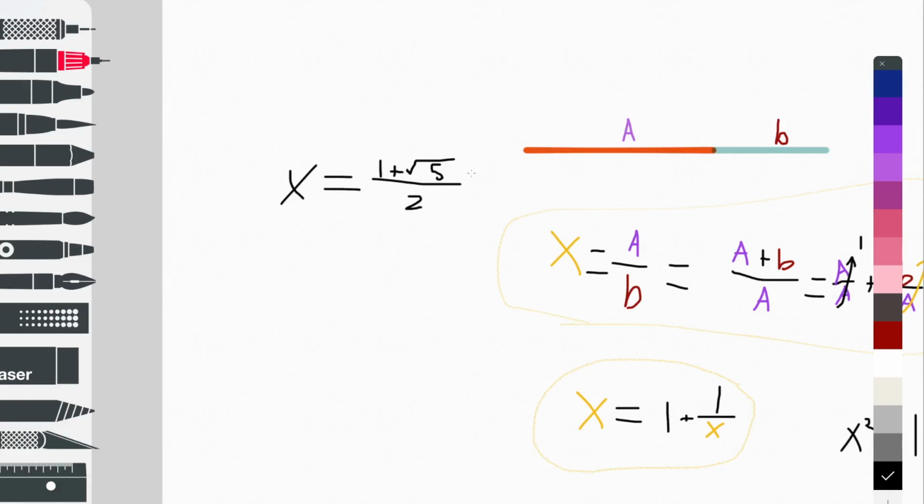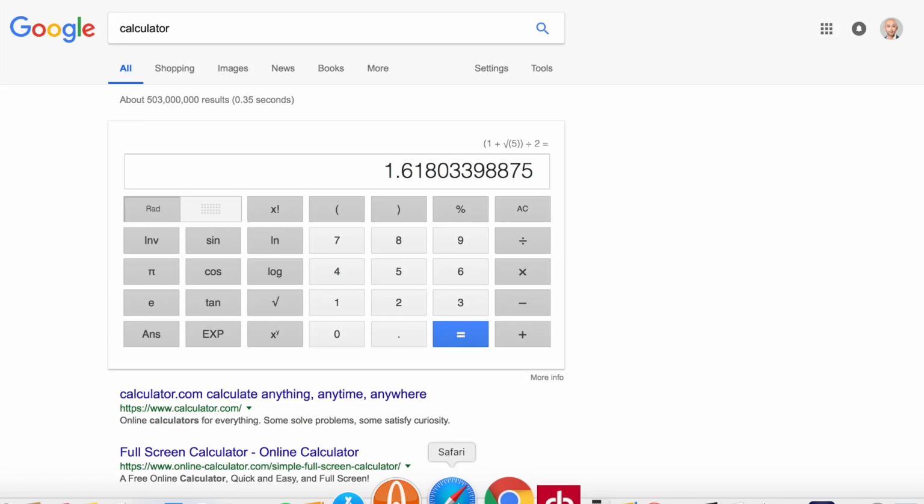So x is going to be equal to 1.618 something, I think. So it's 1.618.